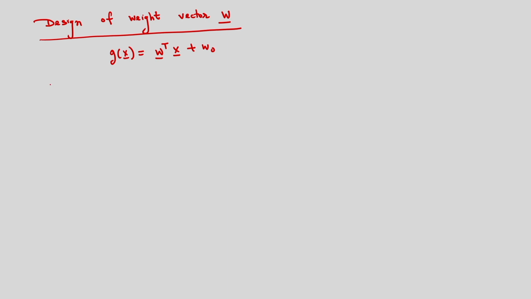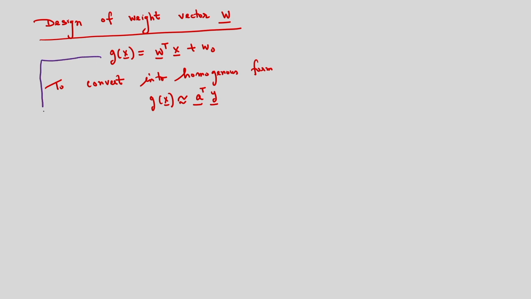So we have to convert it to homogeneous form. To convert into homogeneous form, G(x) can be written like this: A transpose Y. This expression I am writing in this form, and that is the homogeneous form.